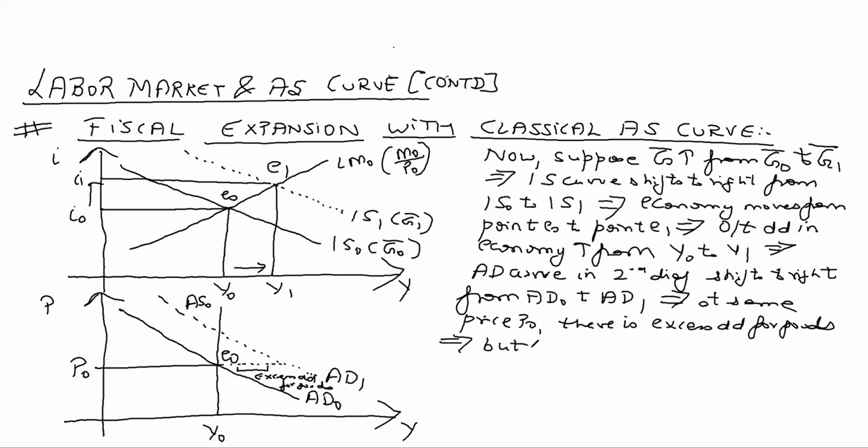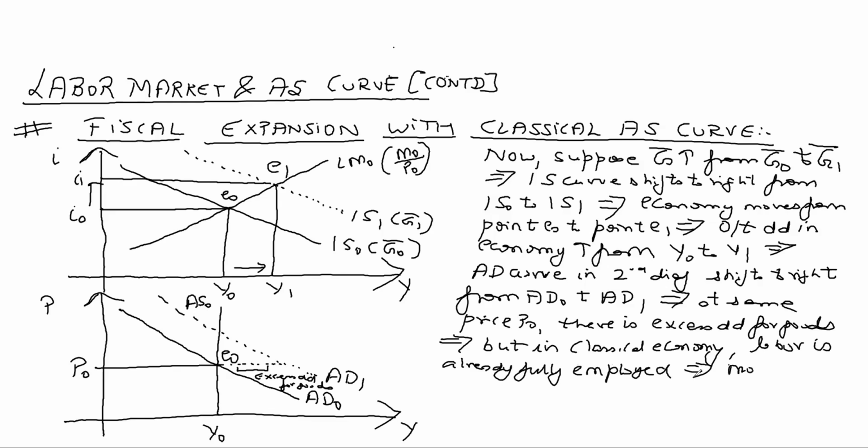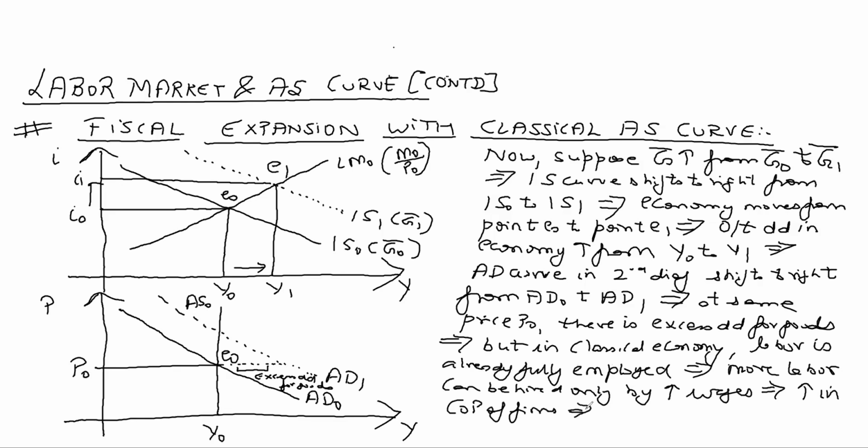But in the classical economy, labor is already fully employed, which implies more labor can be hired only by increasing the wages, which implies an increase in cost of production of the firms, which implies an increase in prices.